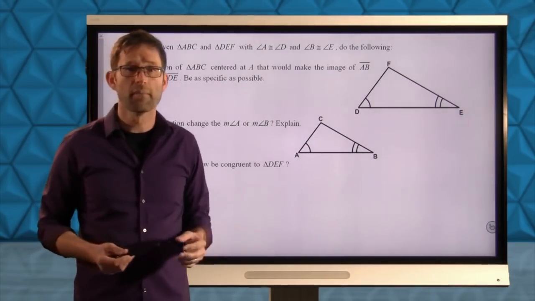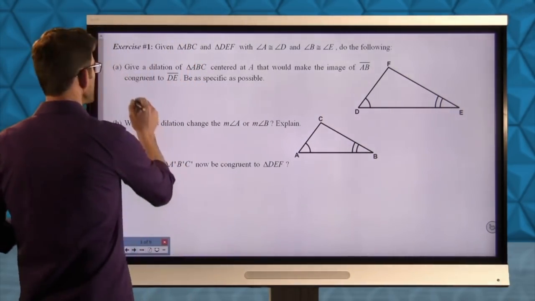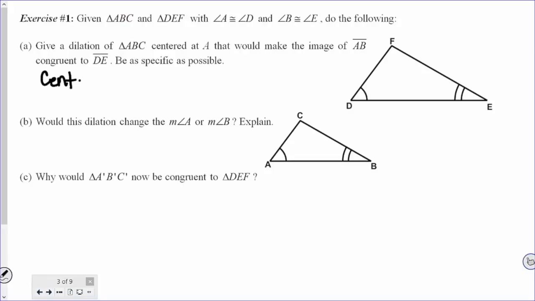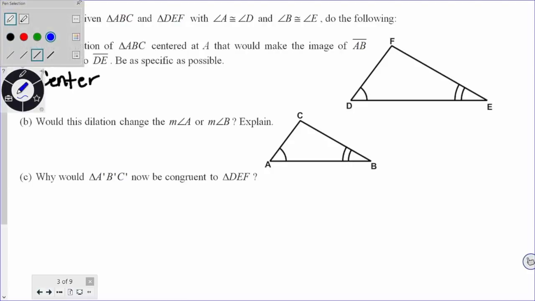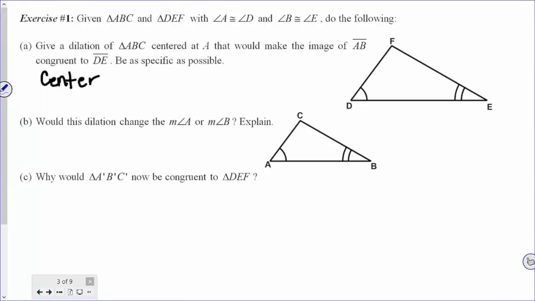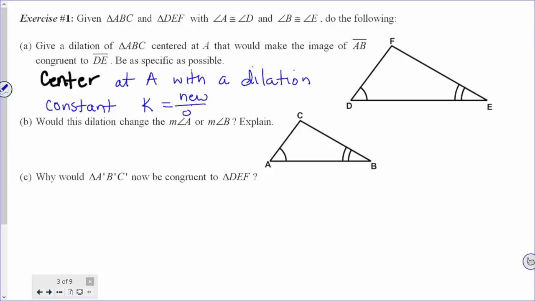All right, let's talk about it. They already gave us the center, but let's talk about it again. We're going to have our center at A with a dilation constant, or a scaling constant, whatever you want to call it, of K equals, now remember, we always want to do the new length divided by the old length.